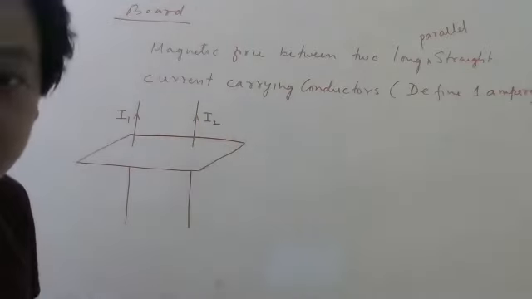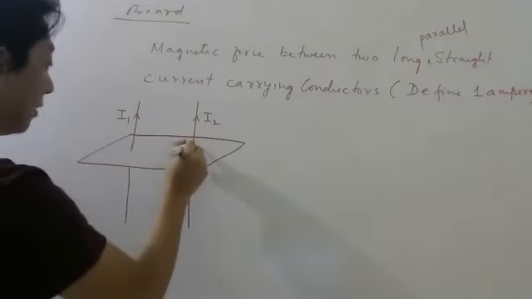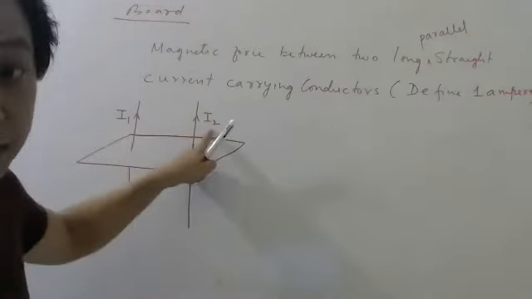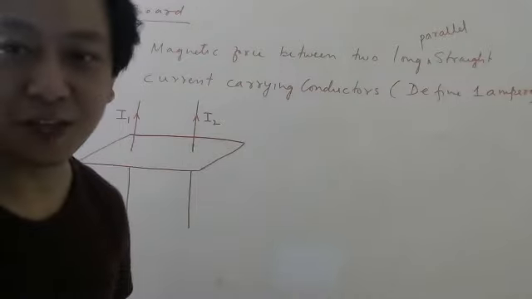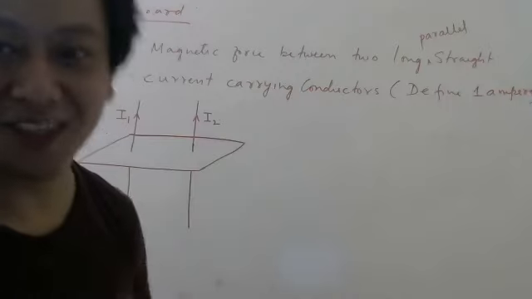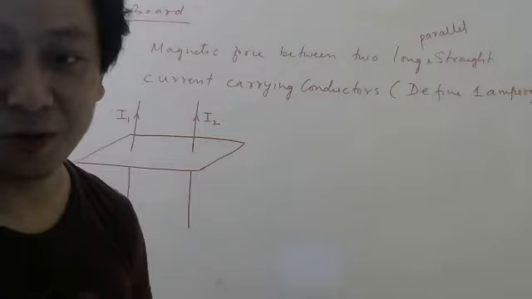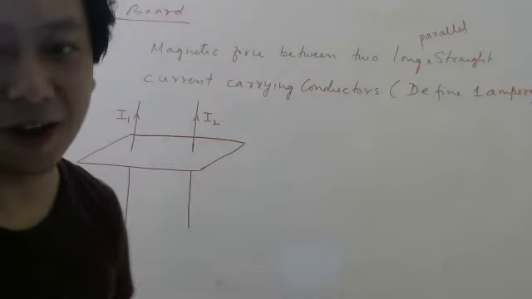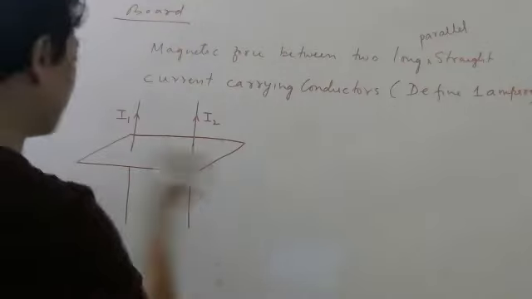Now I want to calculate the force on one wire due to the other wire. In electrostatics, we used to say one charge produces force on another charge. Now we are saying one current carrying wire produces force on another current carrying wire. So what is the formula for that force? We have to calculate. So very simple.